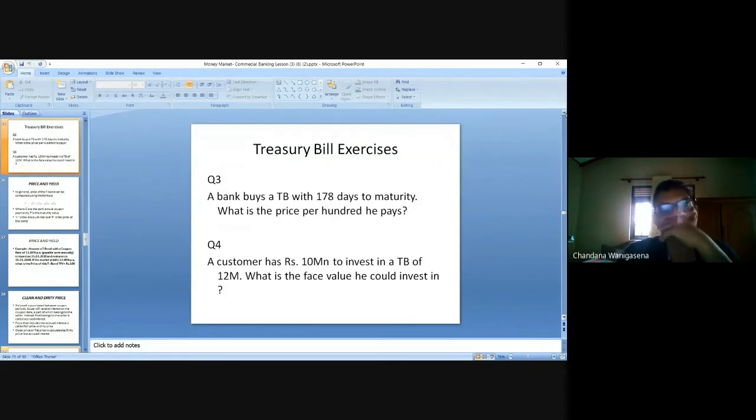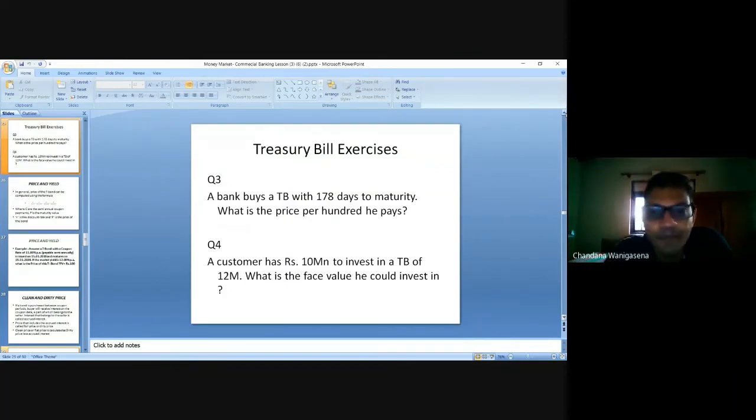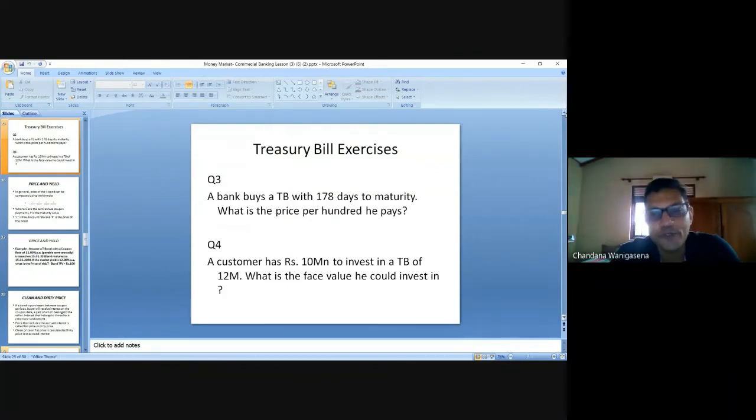I think it's easy. You need to understand the basic fundamentals for you to answer this. Very simple. If you understood the concept, you will get the answer in a minute. So I'll give you 2 minutes.